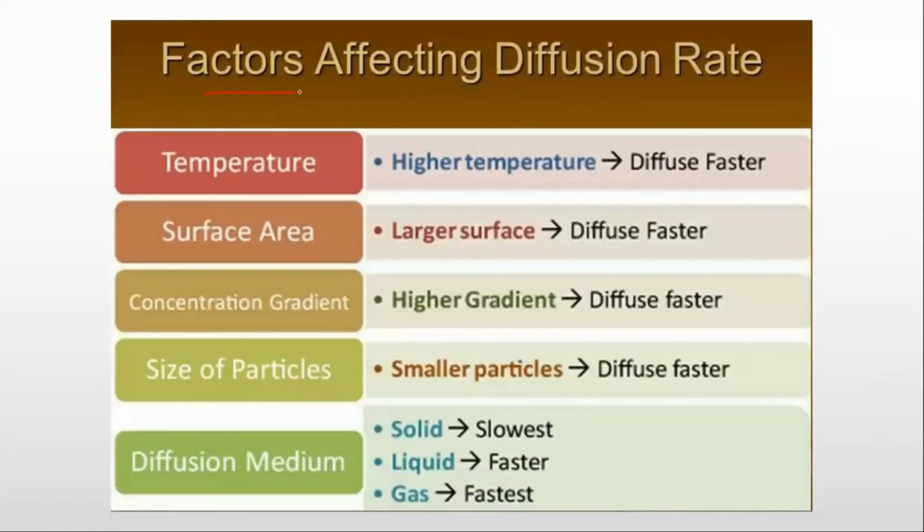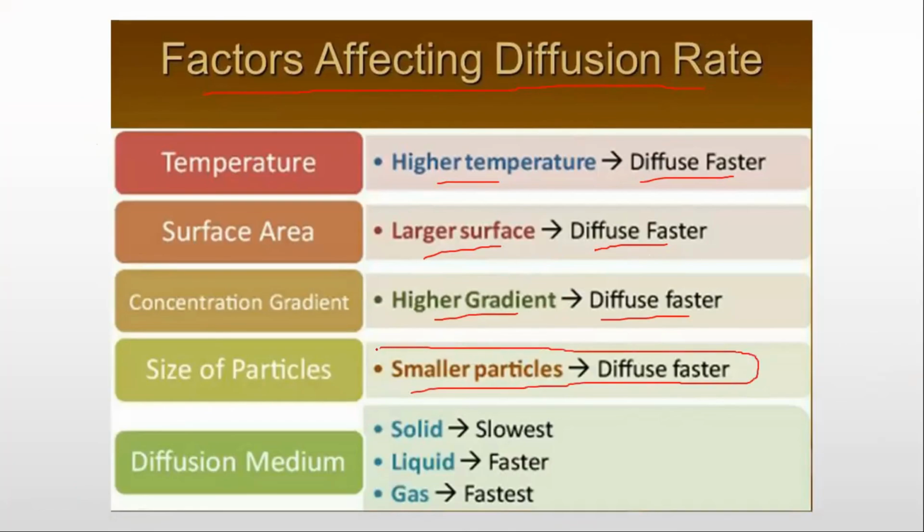This is a summary of the factors affecting the rate of diffusion. Higher temperature, faster diffusion; larger surface area, faster diffusion; higher gradient, faster diffusion. This is another factor that is not included in the syllabus, but you should know that the smaller the particles, the faster the diffusion. Why?